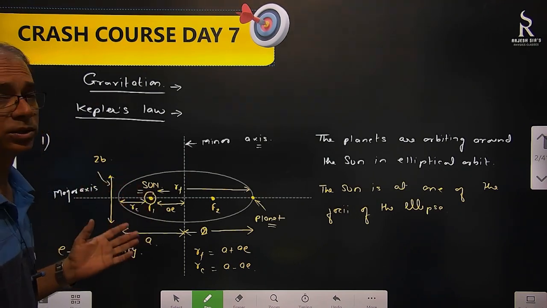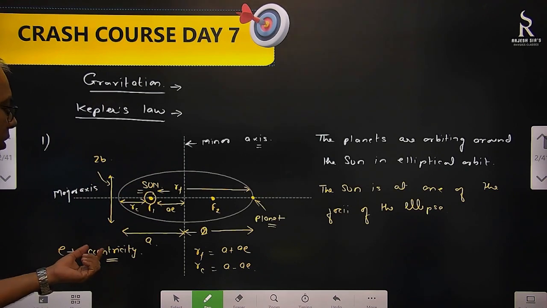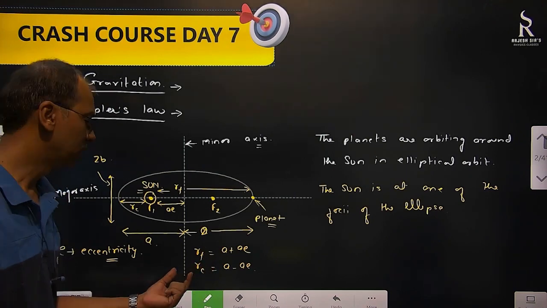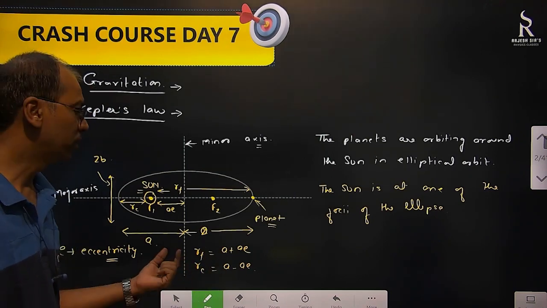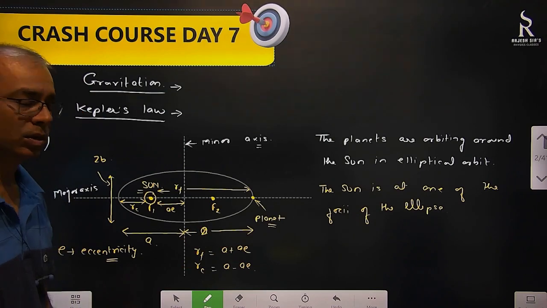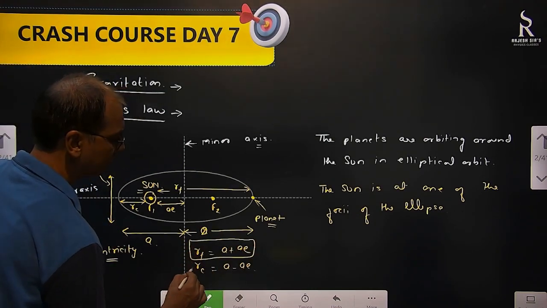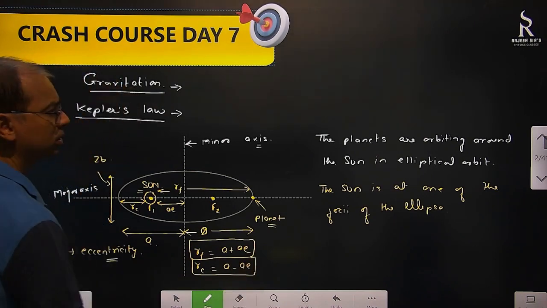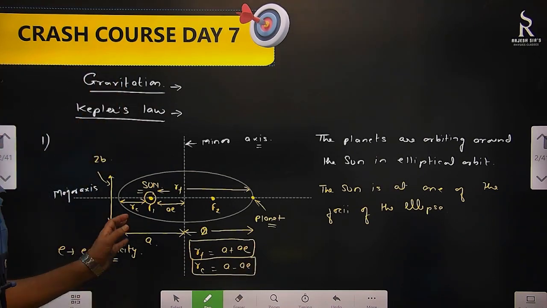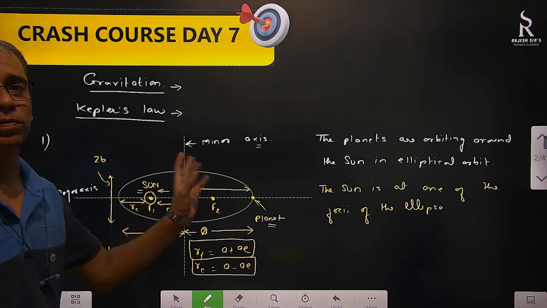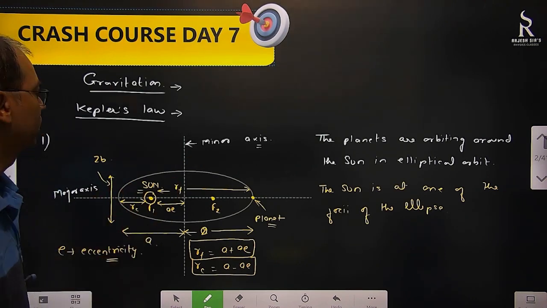So eccentricity and the major axis value will be given to us, and we can easily find the closest radius and the farthest radius. That's important, just remember. This is the conclusion of the first law: we got the closest and farthest distance of the planet from the sun.